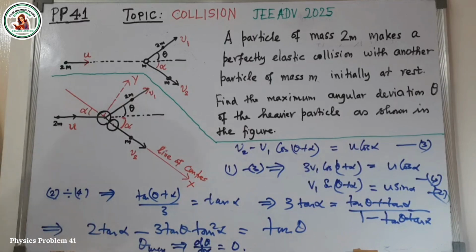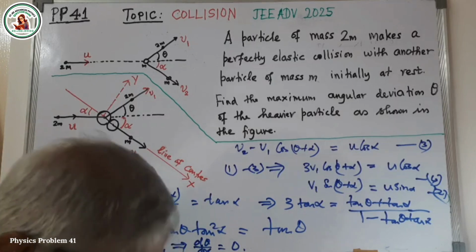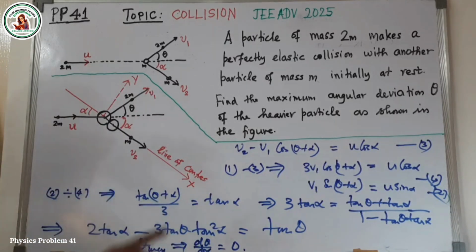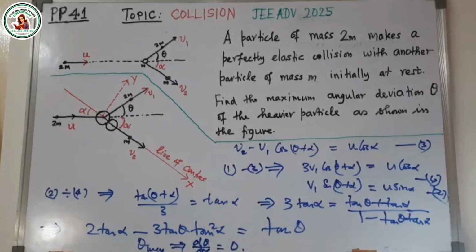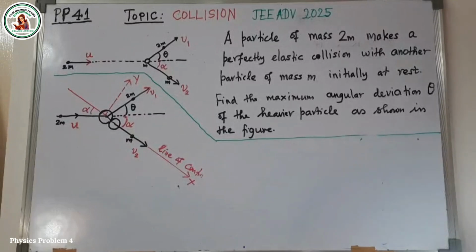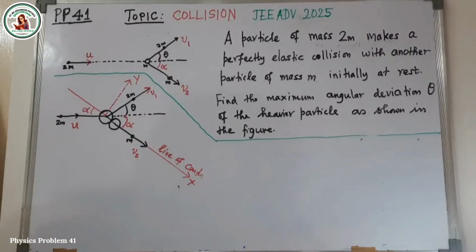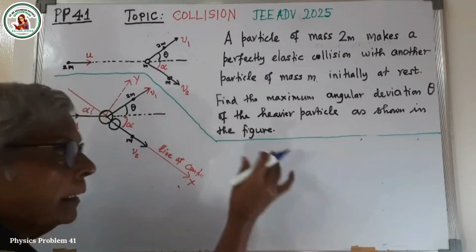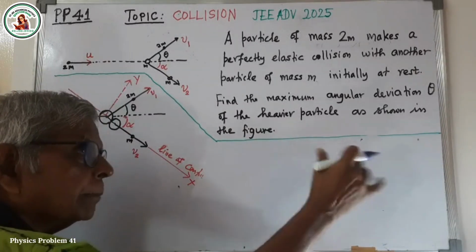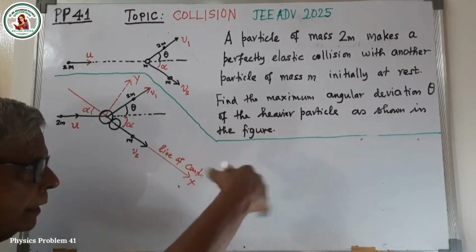So I will further continue this after clearing some more space. So the last expression we differentiate with respect to alpha. Wherever d theta by d alpha comes, we take it as 0.